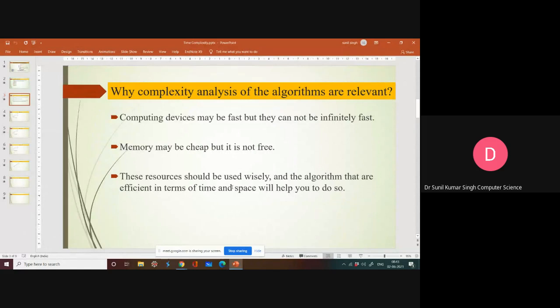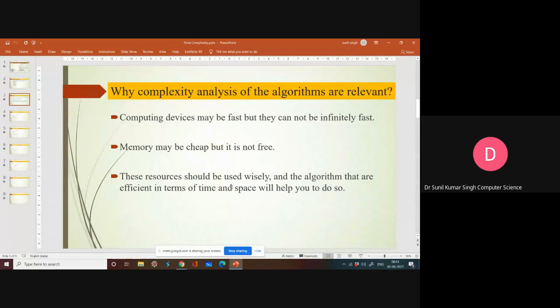Now, when we talk about memory, it may be cheap, but it is not free. Maybe after investing some nominal amount of money, you are going to have storage in TB, or some 100 GB, 10 GB, or 20 GB in your cell phone, but it is cheap but not free. So these two factors are very relevant for analyzing the complexity of the algorithm.